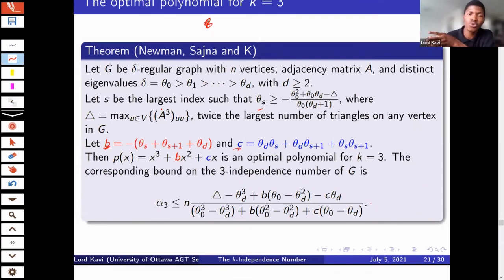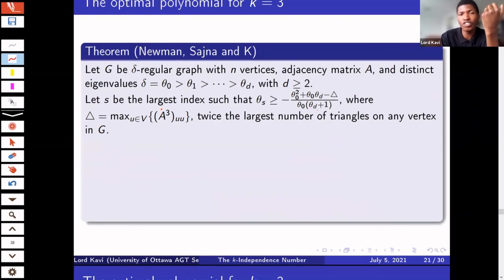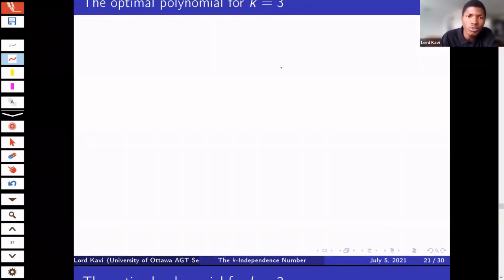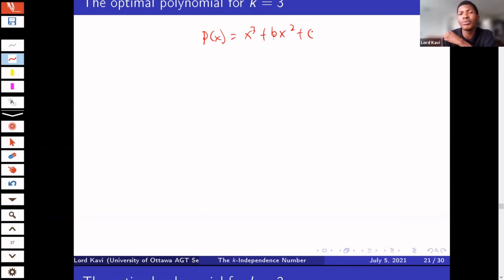So the first thing to do is we fix B using the lemma. We consider B as a fixed value, and then try to optimize the polynomial P of x equals x cubed plus bx squared plus c. So B is fixed, and so now we are trying to look for the best C possible.